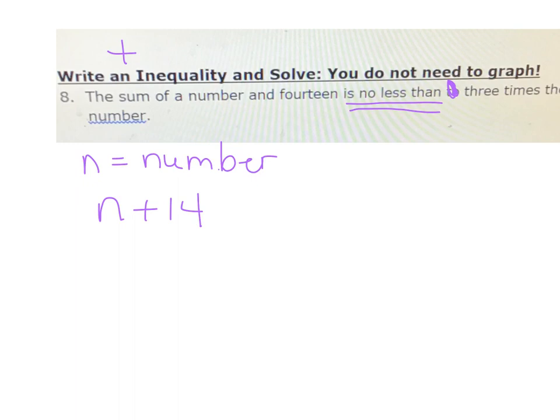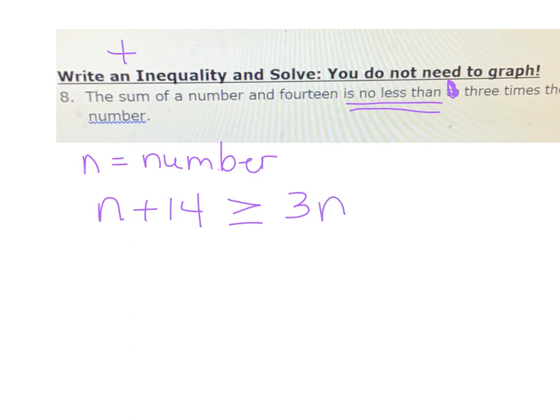If my mom told me, hey, you can go to the grocery store and you can spend no less than $100, that means I want to spend greater than or equal to $100. So my symbol is this. 3 times the number, well, 3 and then times the number. So this is the problem that you should have written.